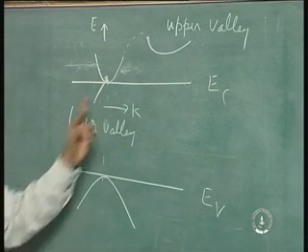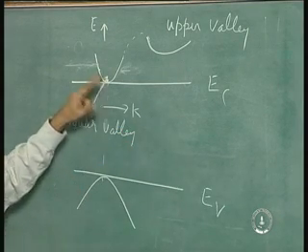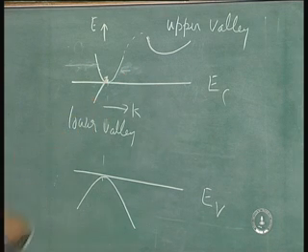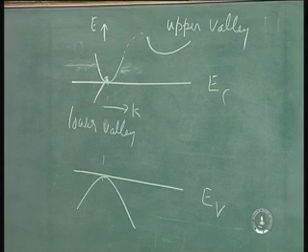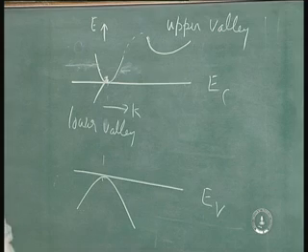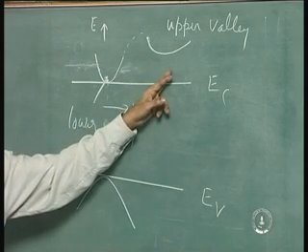Now, the difference between these two valleys is, this one is sharper, and the sharpness is reflected in the effective mass, that you just have to borrow and believe. And this is flatter, that is why I have drawn it flatter.